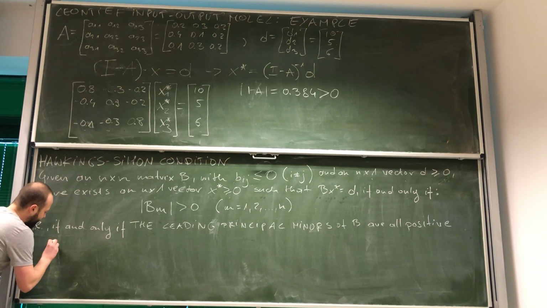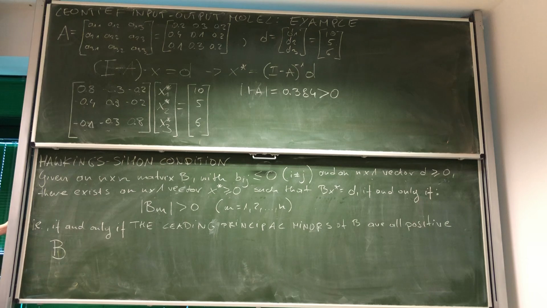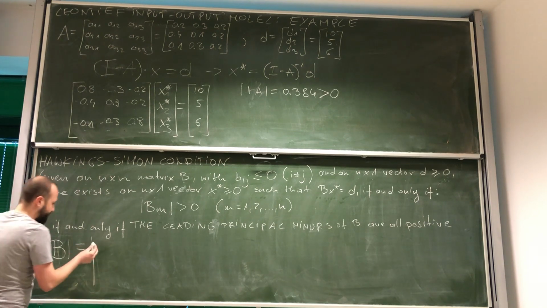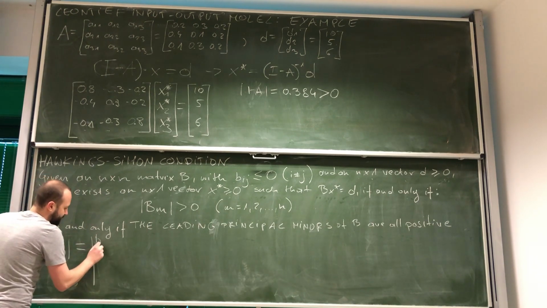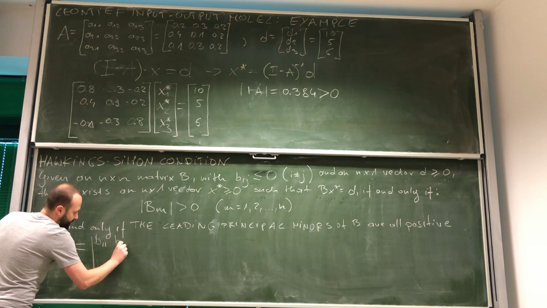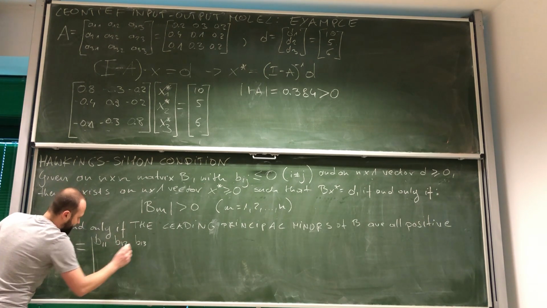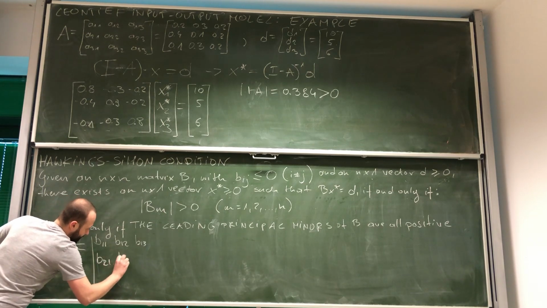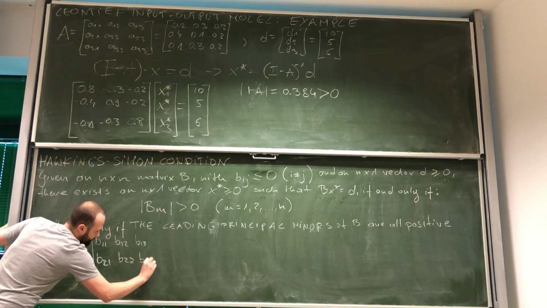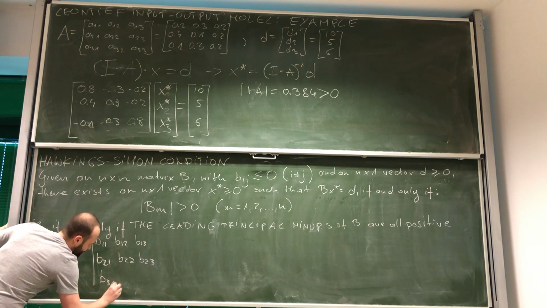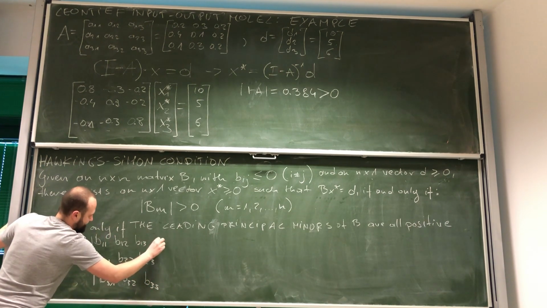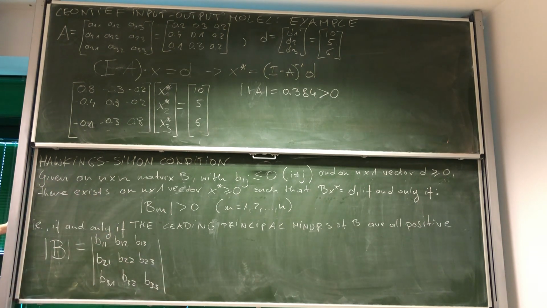Let's say that we've got some matrix B for which we calculate the determinant, and let's say it is 3 by 3, just like in our case. B11, B12, B13, B21, B22, B23, B31, B32, B33.